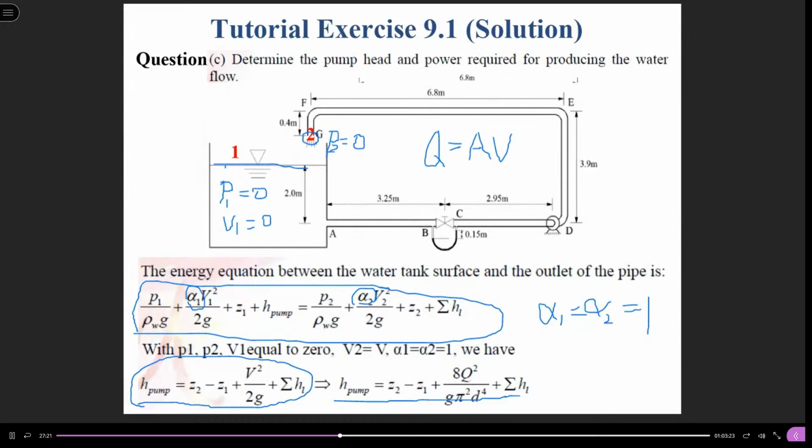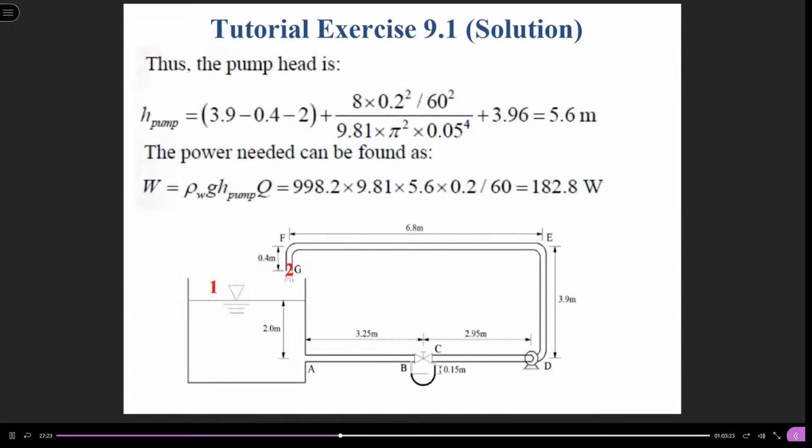Okay, let's go on. From question B, we have known that the total head loss is 3.96 meter, right?